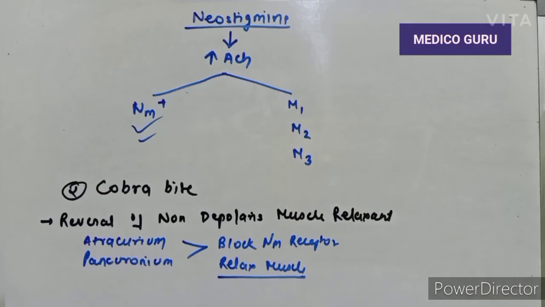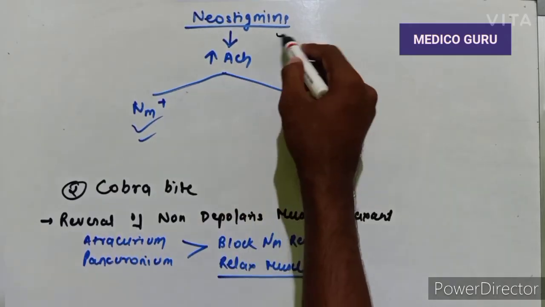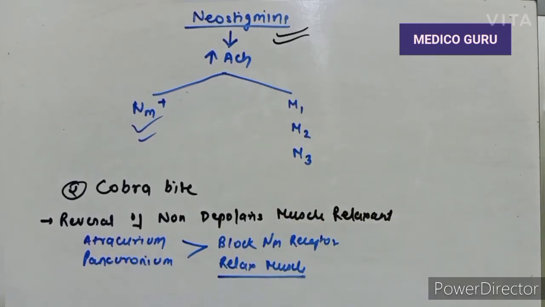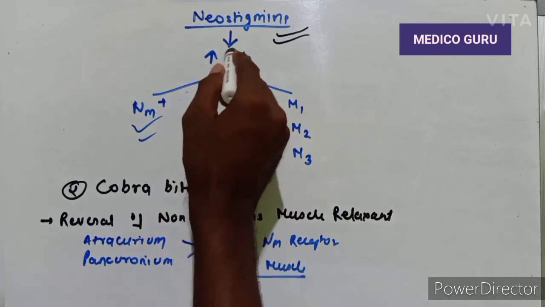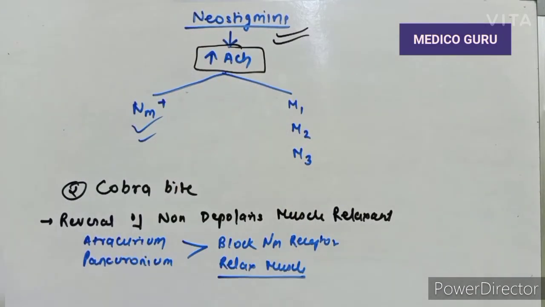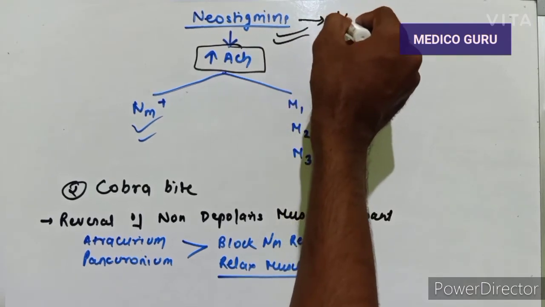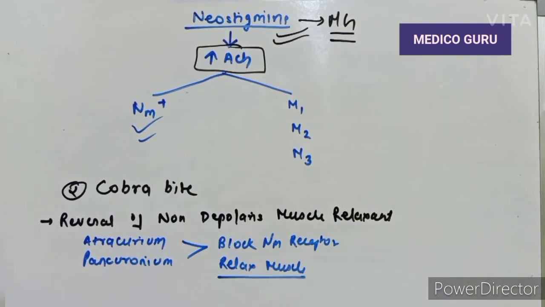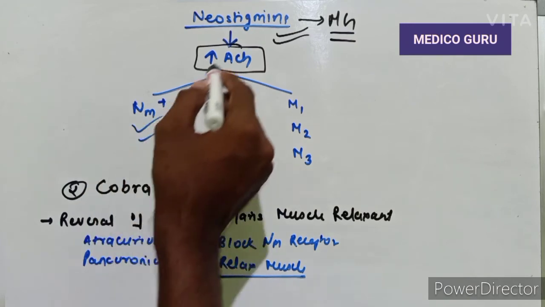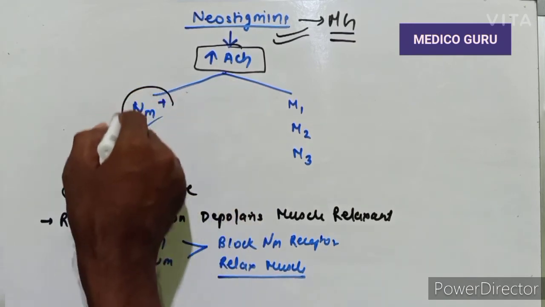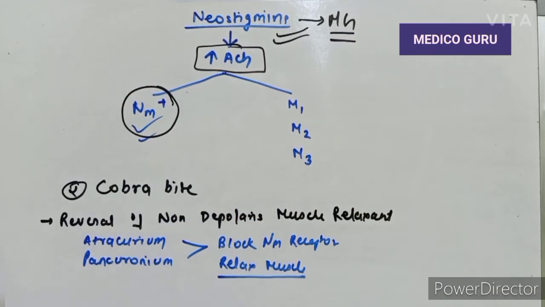So after edrophonium, now move to the other drug, that is neostigmine. So what is the work of neostigmine? It inhibits acetylcholinesterase, so it increases acetylcholine. So neostigmine can be used in myasthenia gravis because it increases acetylcholine, and by increasing acetylcholine, it can increase the NM receptor stimulation.